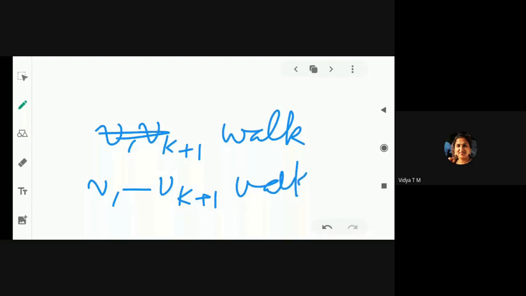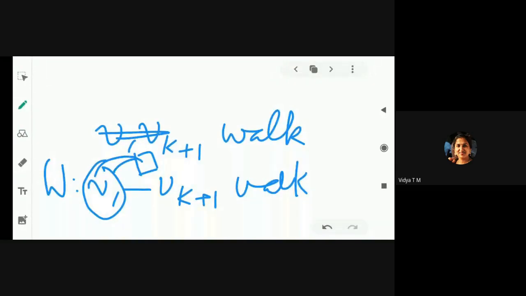So it starts with V1. Next must be an edge having one end vertex as V1, and another vertex that will be the other end of this in-between edge E1, and like that it goes. So walk is a beginning terminology in learning how connected a graph is.